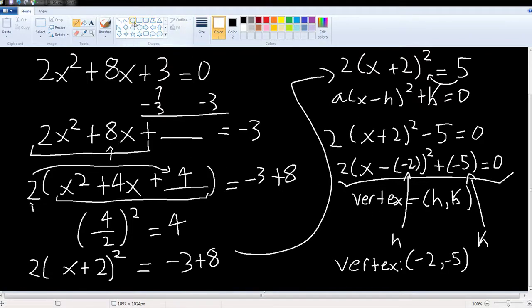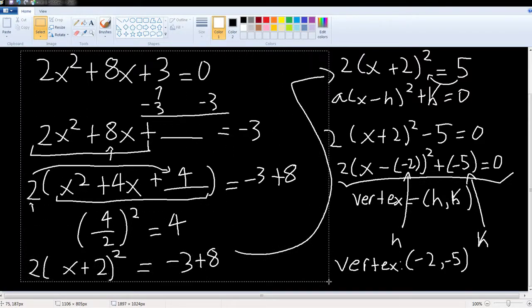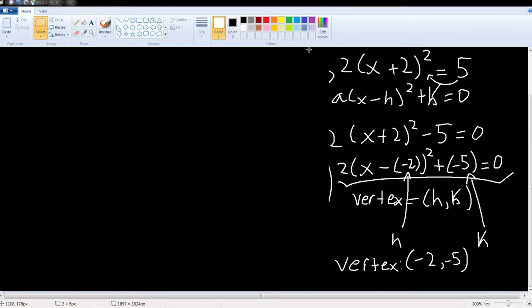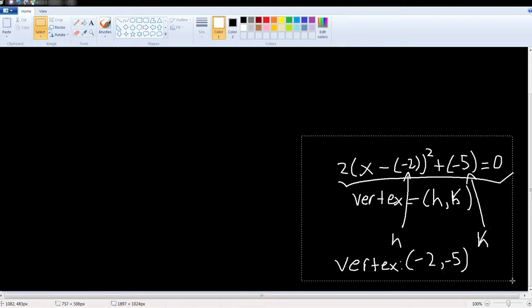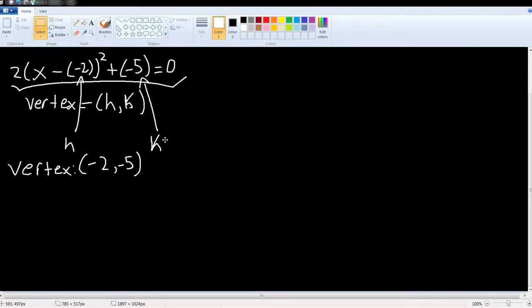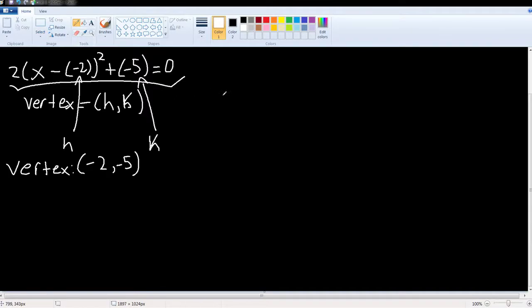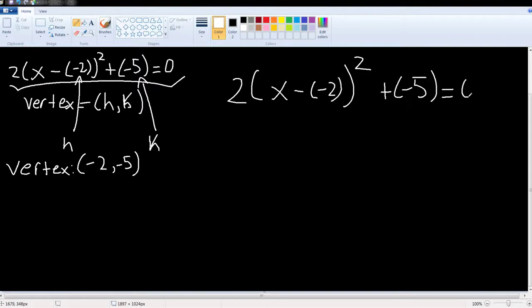So, another thing we can do is solve this quadratic using completing the square. So, let's move this. So the equation we had was 2 times x minus minus 2 squared plus minus 5 equals 0.